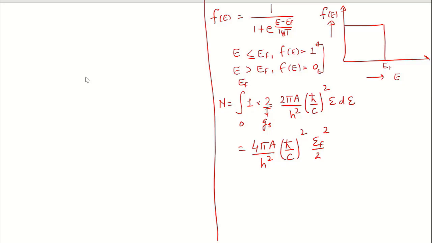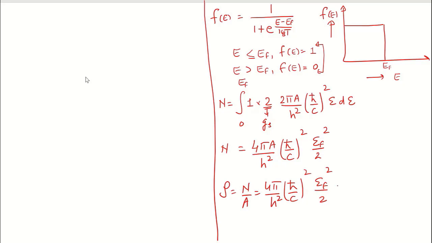So from this equation I can write rho, that is equal to n by A, and that is equal to 4 pi by h square into h cut by c square, EF square by 2.